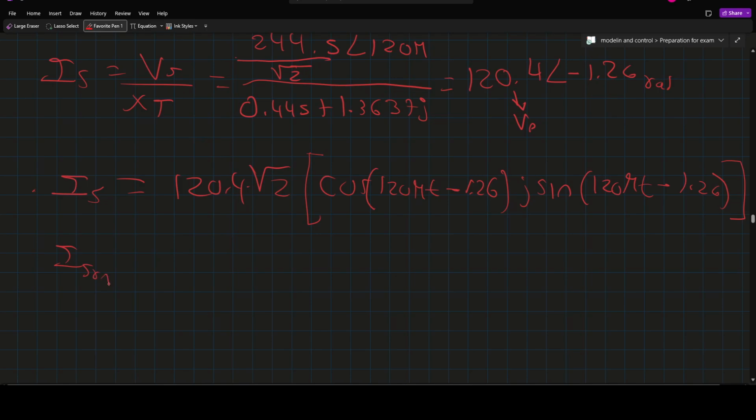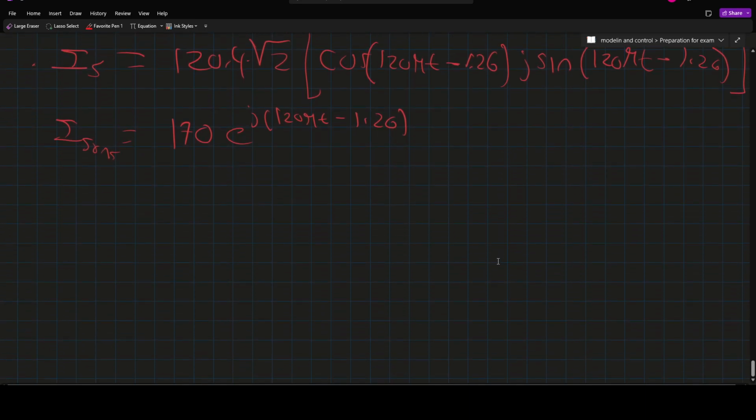So our IS in RMS is equal to 170 e^j(120 pi t minus 1.26). So this is our current in our alpha beta.